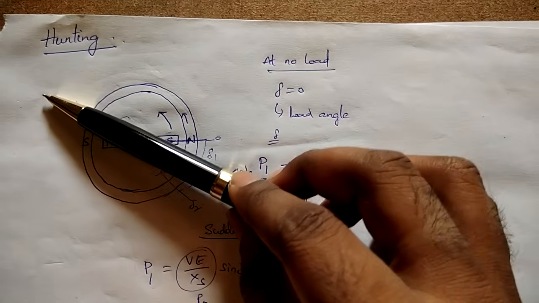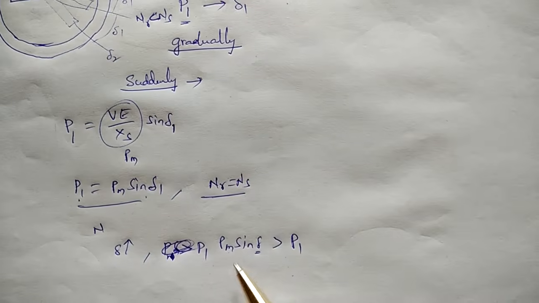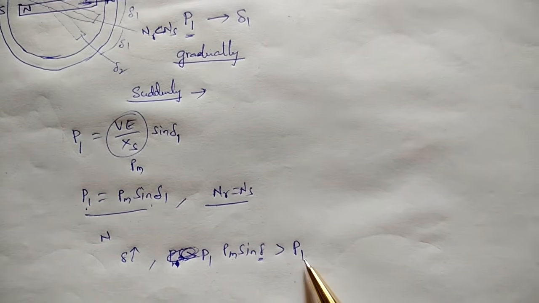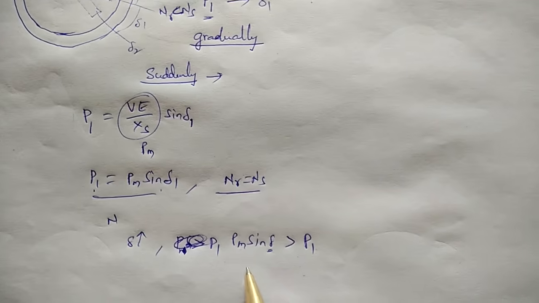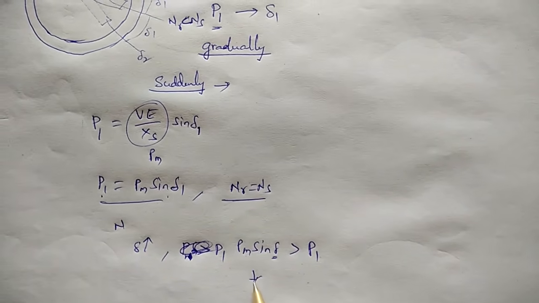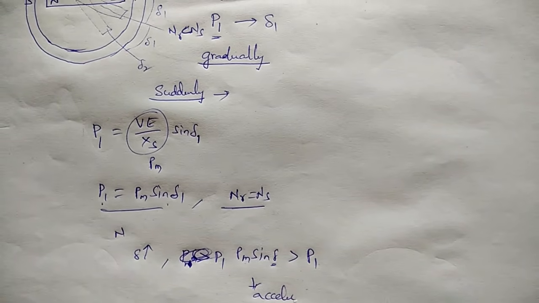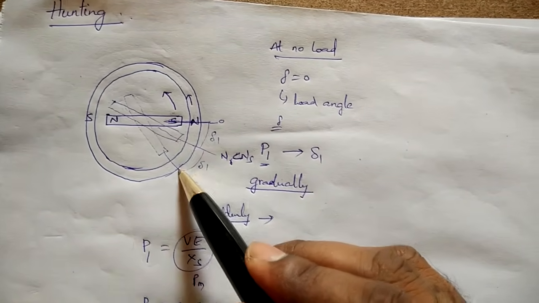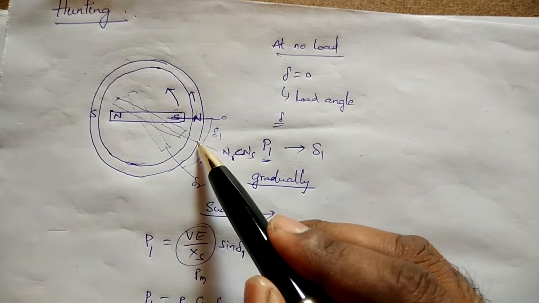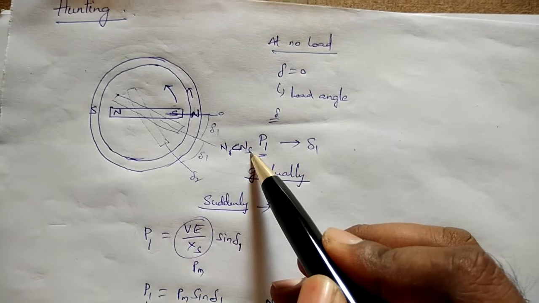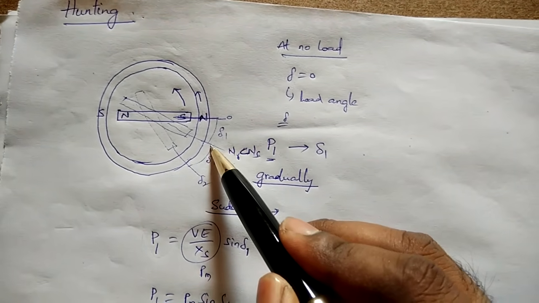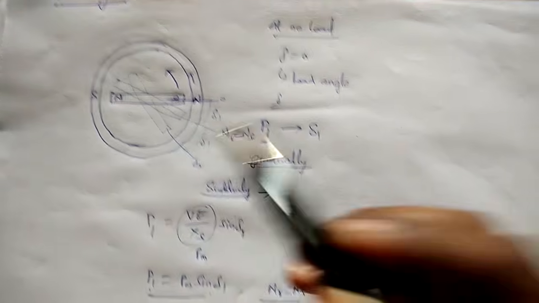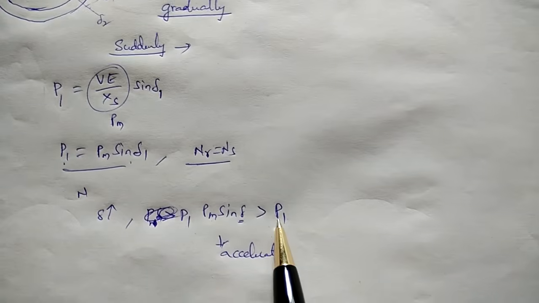When the angle is increasing, power input is greater than the load torque, so it is accelerating. From this position to this position it will accelerate. Here Nr is less than Ns, so it is accelerating because Pm sine delta is greater than P1.